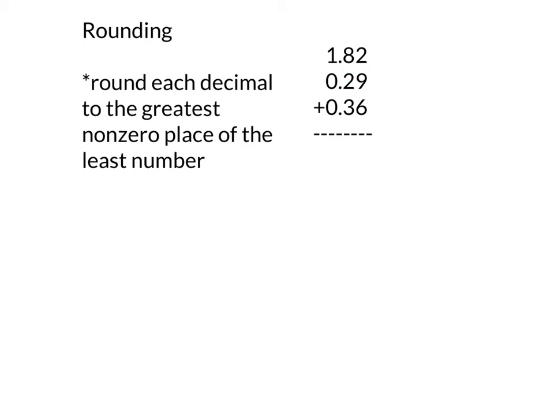So we are going to round all three of these numbers into the same 10th place. So we're going to round 1.82 to 1.8. We round our 0.29 to 0.3 and our 0.36 to 0.4.